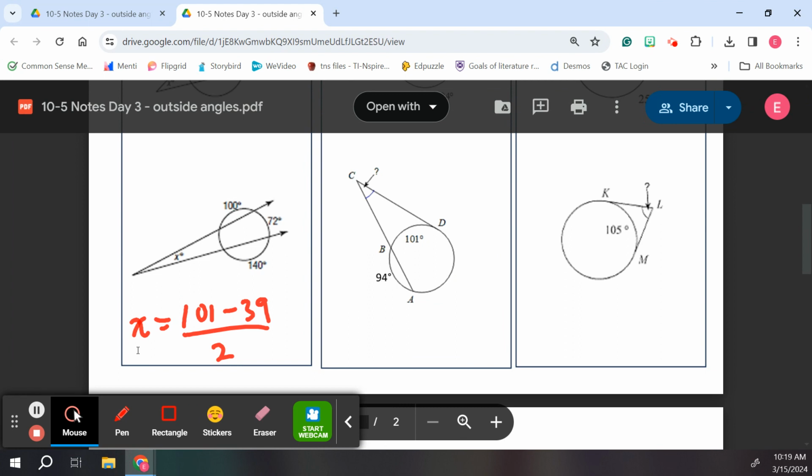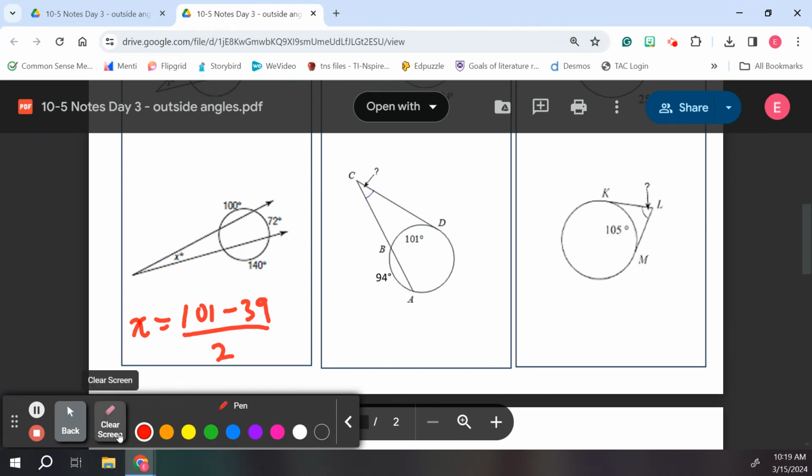Okay, so if we take a look at this next one, all right, they're not giving you the small arc, but we know that we have a total of 360 degrees here, so we need to find that small arc. So we are going to take 360 minus 100, minus 72, minus 140. And that's going to give us a total of 48 degrees when we put that in our calculator.